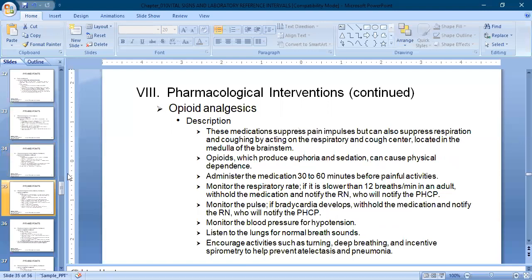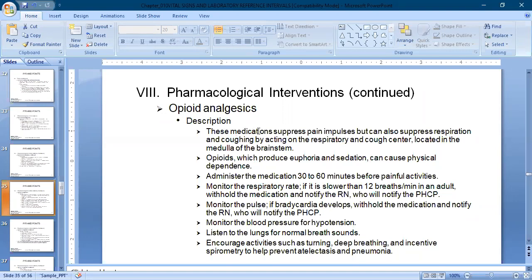Now go for opioid analgesics for the pain. Opioids are highly addictive but very effective medications for pain management. Examples are morphine, pethidine, meperidine, heroin, cocaine, all.